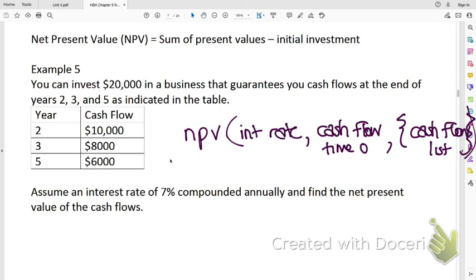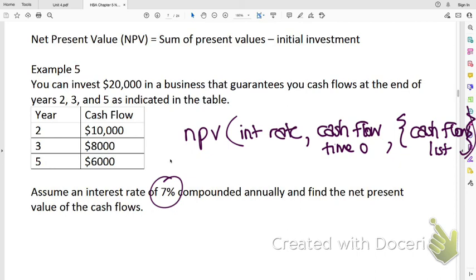So, what you type in after net present value, the first thing is the interest rate. So if I read through this problem, what's my interest rate? 7. Okay? So that's going to be my interest rate. Cash flow at time 0 is what you put into the account to begin with.